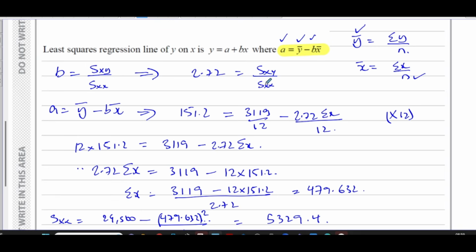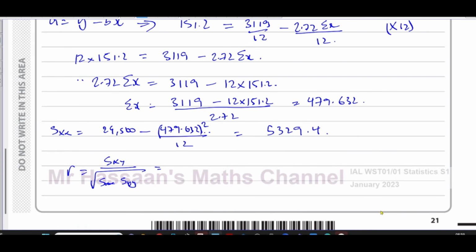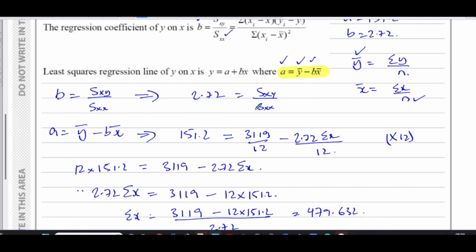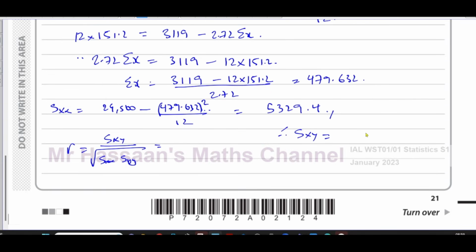Because I know what SXX is. Therefore, we can say SXY is going to be 2.72 times SXX. So it's going to be 2.72 times this value, 5,329.4.